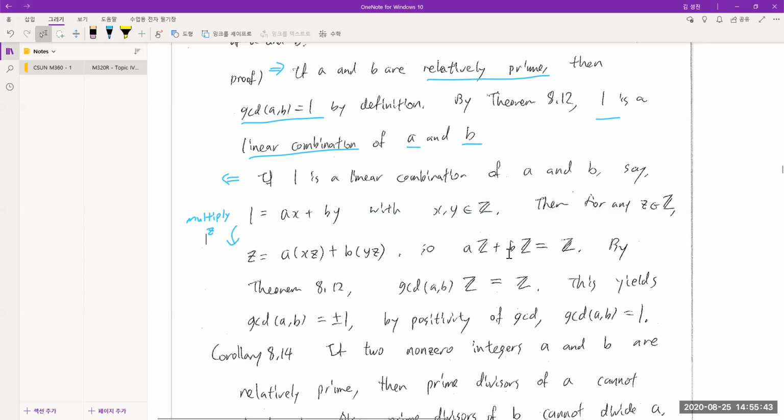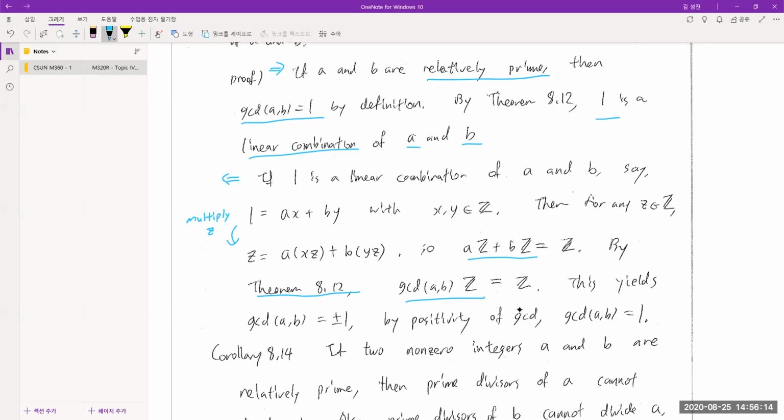So aZ plus bZ equals Z. So by Bézout's lemma 8.12, GCD(a,b)Z is the left side. Well, it has to be the Z. So this is that multiples of GCD is the whole integer set. For example, if this were 2, then left side is even numbers only.